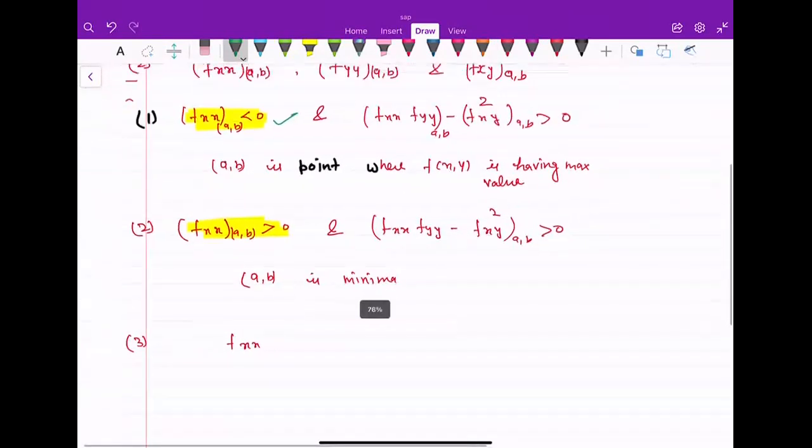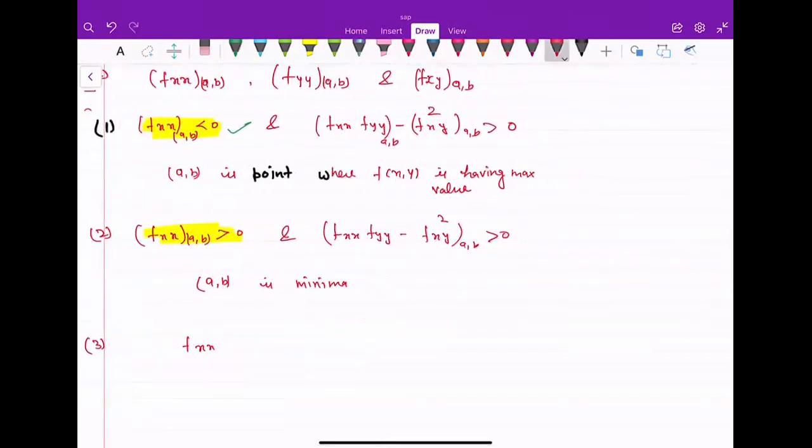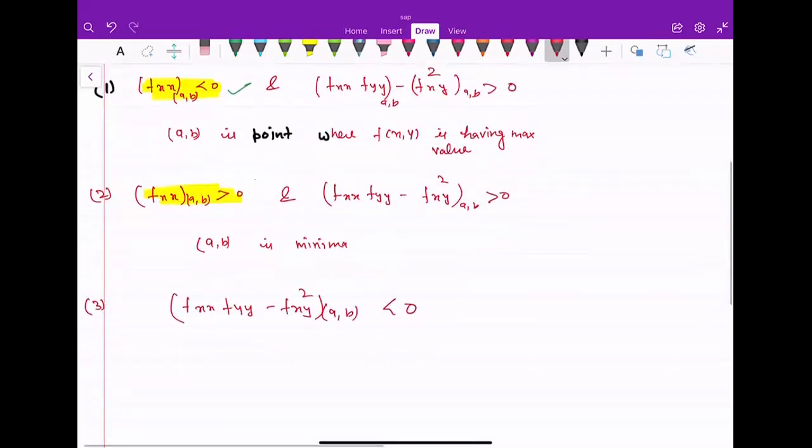Next, now we will compute fxx fyy minus fxy square at the point AB. Now, if it is less than 0, then the point AB is a saddle point.